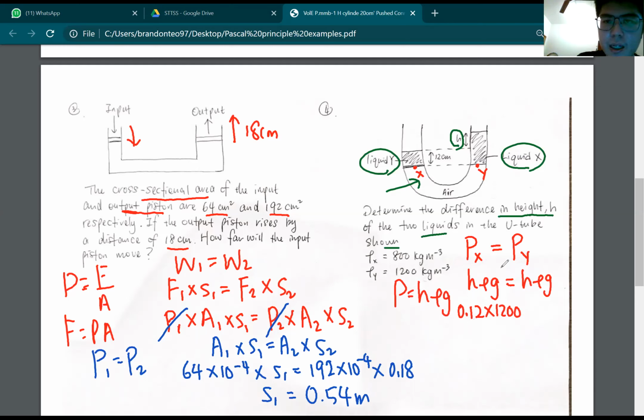Okay, G I can just cut it off. Here, cancel, same thing, right? So 这里 now the second is now this H is H plus 0.12. Okay, because it has to be from the top all the way to the point Y. So H plus 0.12 times the density is 800.